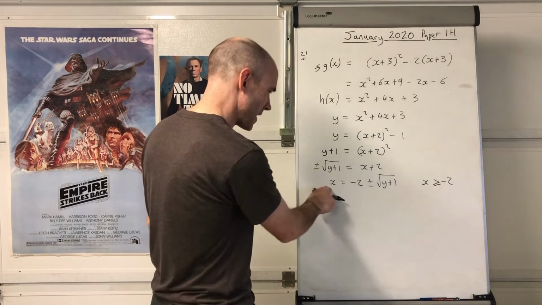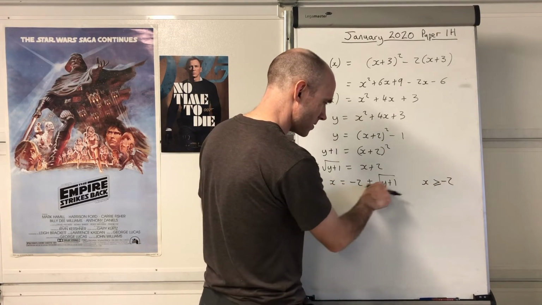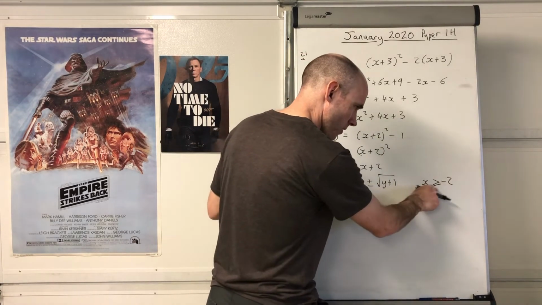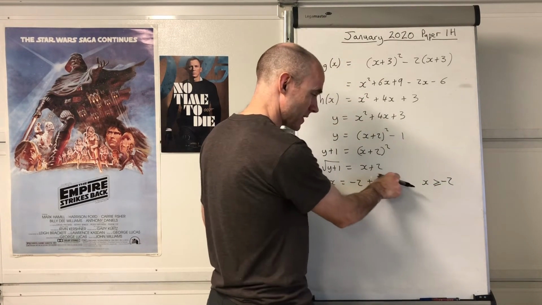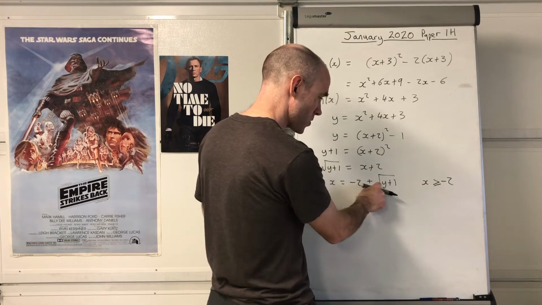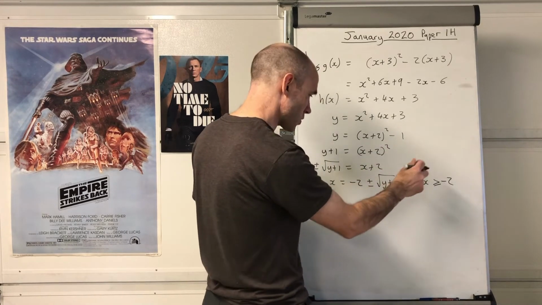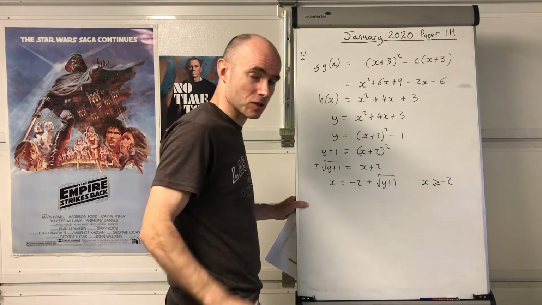Because look, here's x. If you have -2, subtract that, it's no longer a number that's greater than or equal to -2, is it? Because root y plus 1 is never going to be negative because it's a square root of something. So you can do -2, subtract this, that won't work. So it's got to be that one there. Just be careful of that.